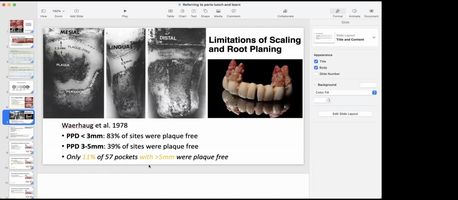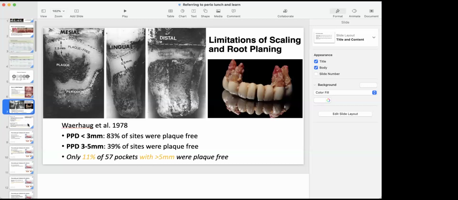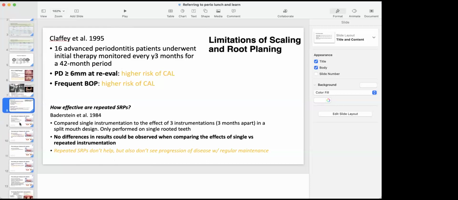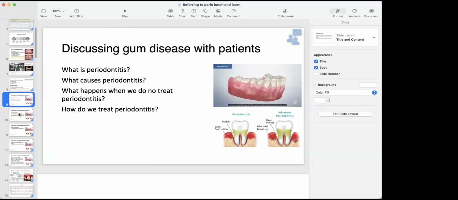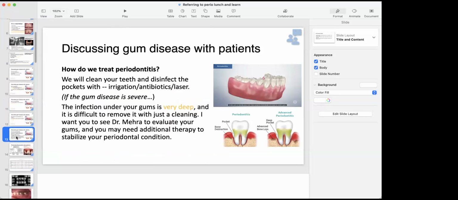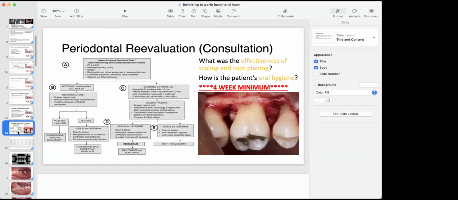Anything over 5 is typically where I see a lot of cases that don't resolve after SRPs, and that's when you refer them over to me for osseous treatment, regenerative therapy, anything like that. So that touches on the limitations. If you have questions, I just want to leave some time for showing the cases.